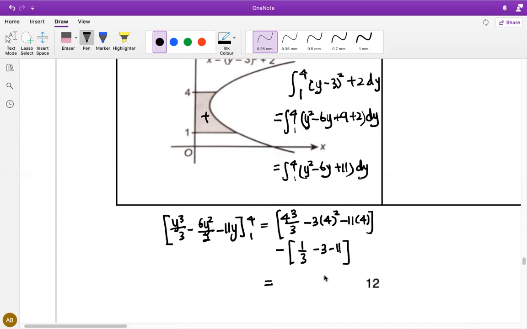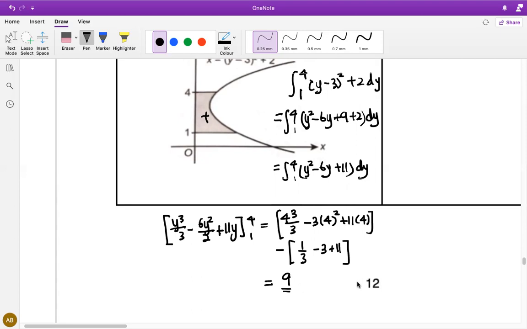So 64 over 3 minus 48 plus 44. Sorry, for the 11y it is plus, not minus. People always make this big mistake. So 11 times 4, okay. So we double check. So your answer is 9 here.